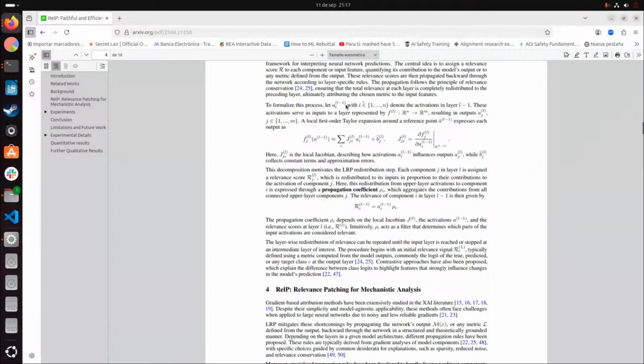Okay, so in some layer, they have inputs represented to a layer by some function, taking outputs.